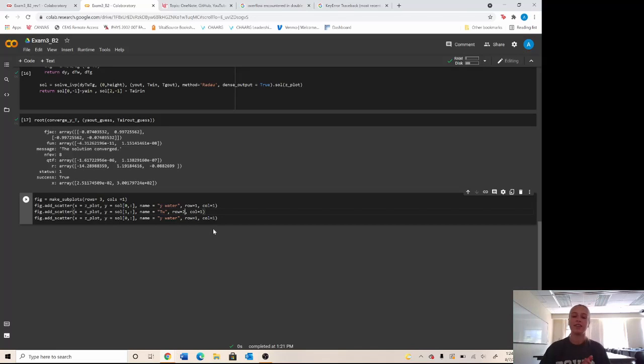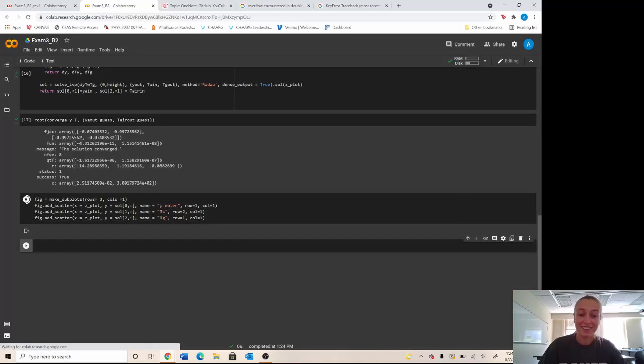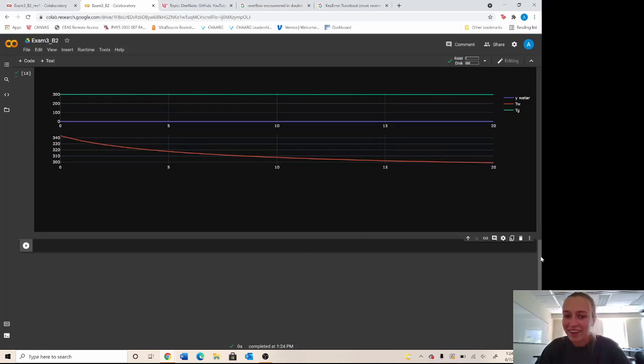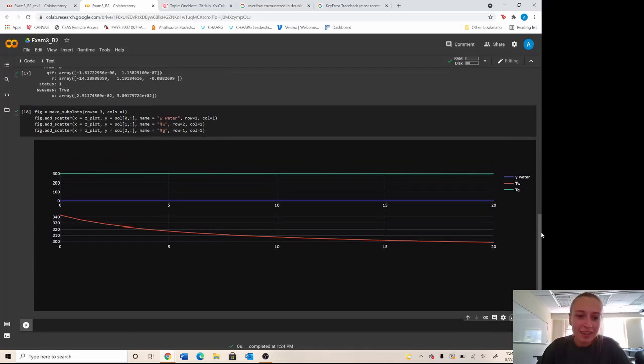So this will define the temperature of the water graph as the second graph. And then for the third one, solution at 2, and this will give us the temperature of the gas, not the graph. Okay, I forgot to change this. So row is equal to 3, column equal 1.